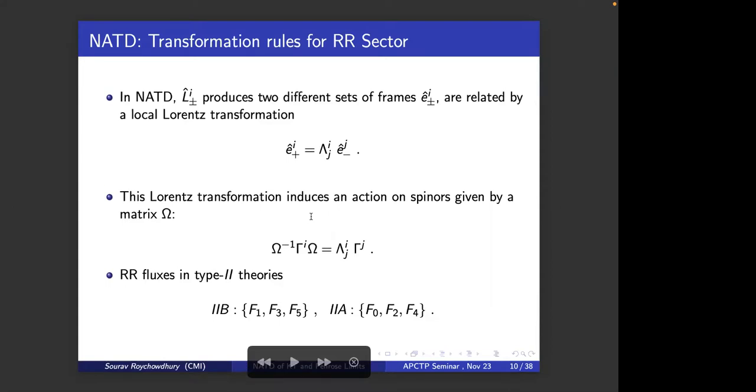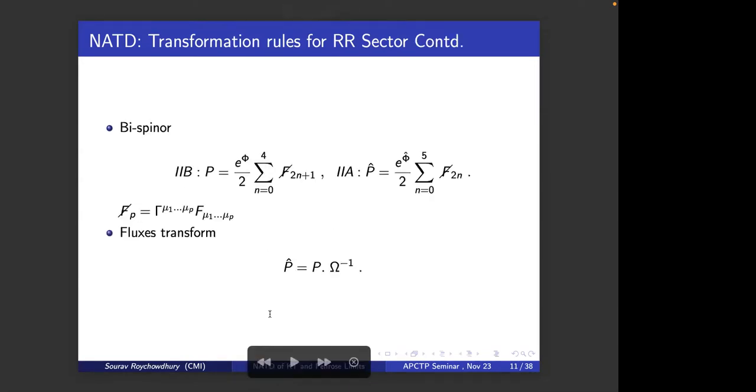For the most general case, we know for type IIB compactifications we have odd fluxes, and in type IIA we have even fluxes. Now, in order to construct the fluxes in the T-dual sector, first we construct a bispinor, which is given by this in type IIB, and a similar expression in type IIA, and this flux transforms according to this principle. So from there, we can invert the flux by considering the spinorial representation of the gammas, and from then one can read out the T-dual fluxes accordingly.